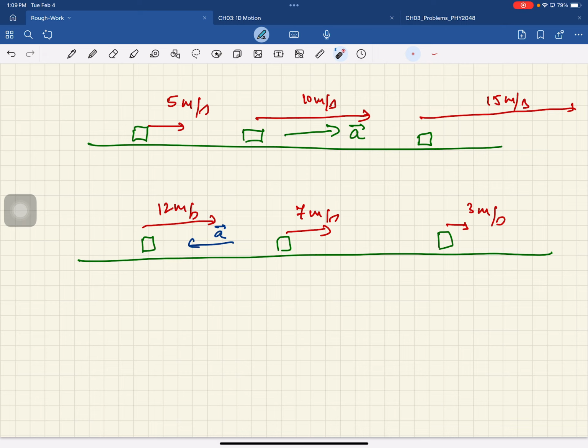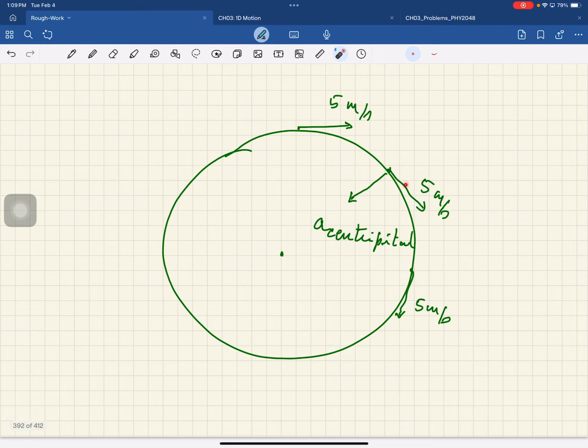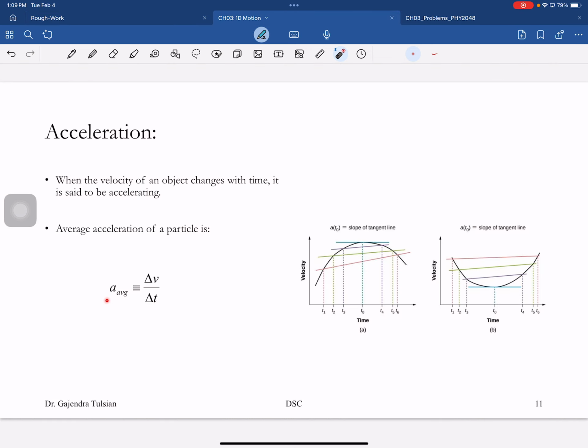And then of course, if you have a combination of the two, if the speed is also changing, you'll have an acceleration in that direction, and in that direction, so it'll be somewhere like that. So now you know how acceleration can arise. You have non-zero acceleration as long as your velocity is changing.